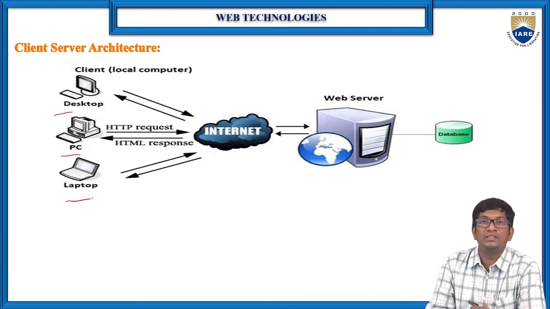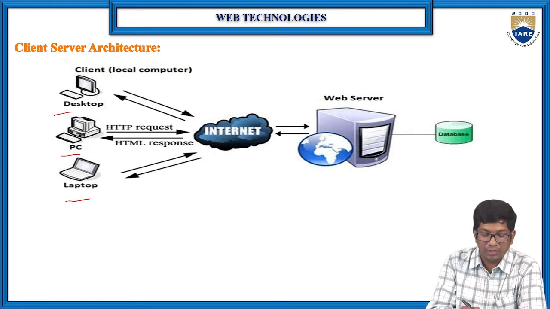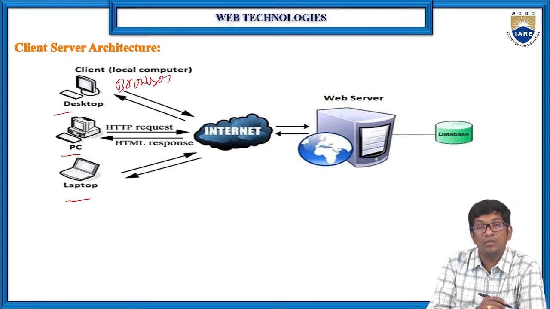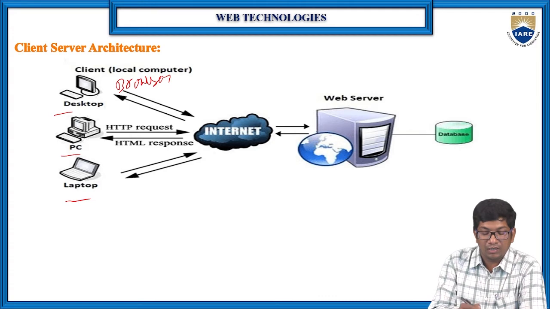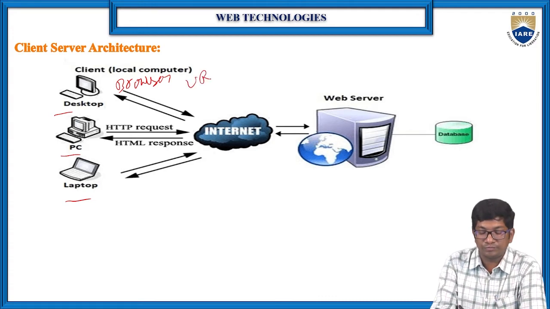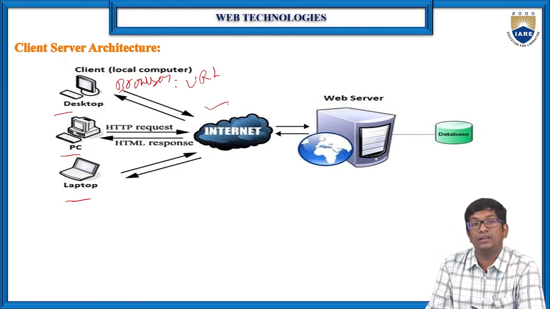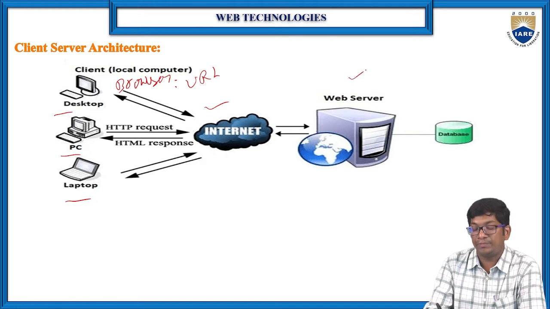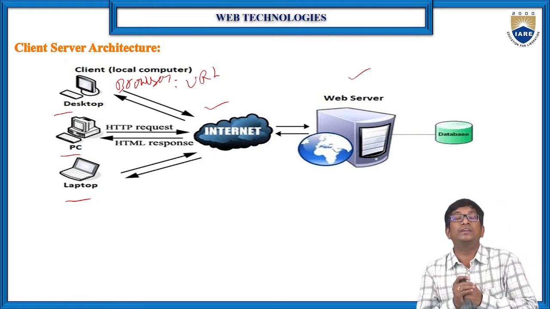They open a browser, any browser like Mosaic, Opera, Internet Explorer, or Chrome, and type the required URL in the browser. After typing and pressing enter, it will connect to the internet. Through the internet, it will identify the web server of the URL you entered.